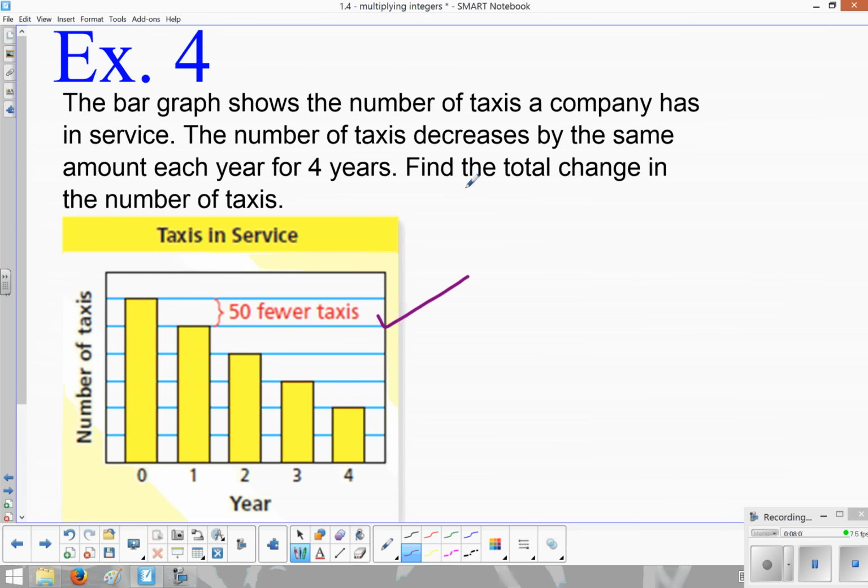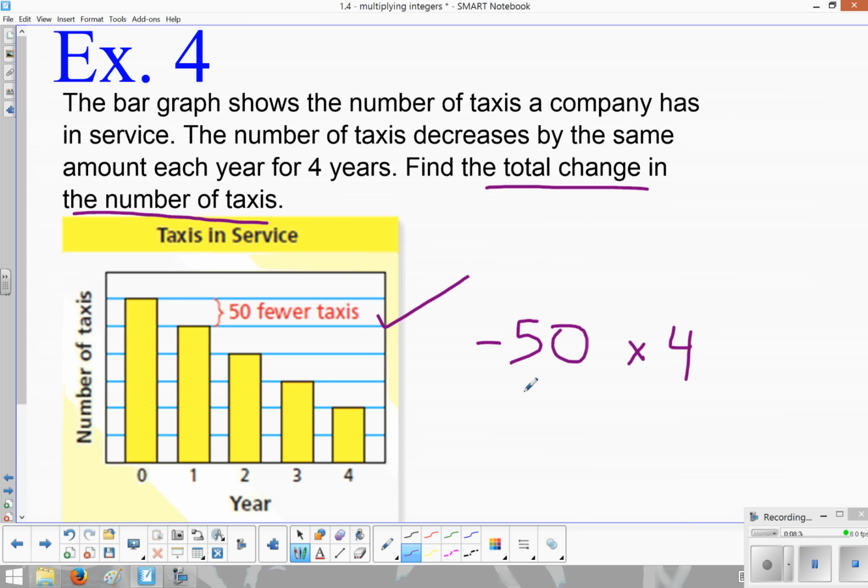And it says here, find the total change in the number of taxes. So what we're going to do is see how much it's changing per year, and we want to figure out for 4 years. Since the change is 50 each time, and it's -50 because it's going down, down, down, down, and we have 4 years to count, we're going to take -50 and multiply it by 4.